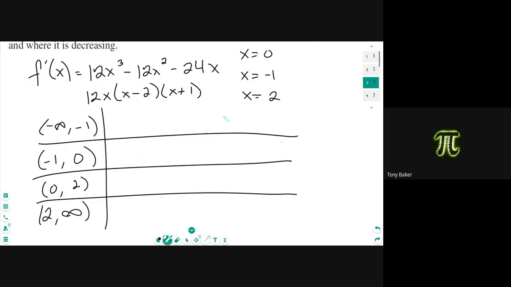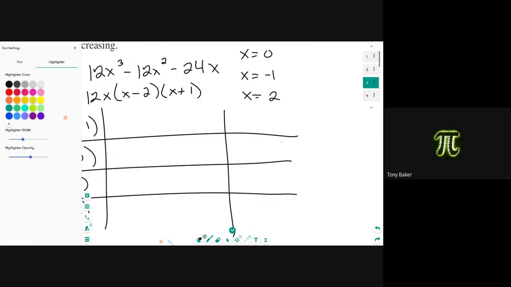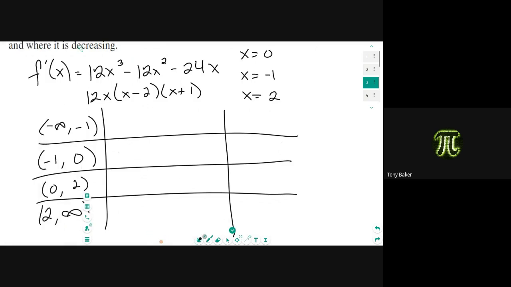So when we're looking at this problem here, we're going to look at 12x minus x minus 2 and x plus 1. All I care about is, is it positive or negative? So pick a number in this first one. Let's do -2. I'll just change my color. -1/2, 1, and 5.